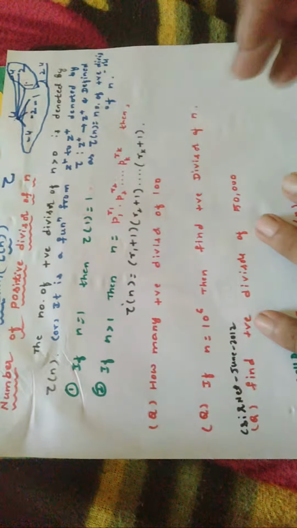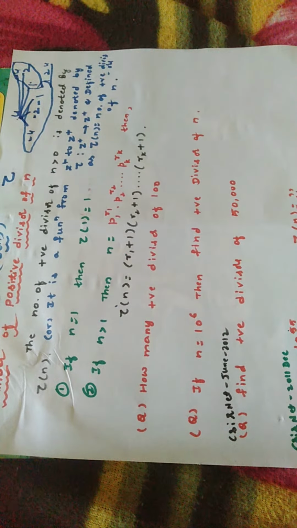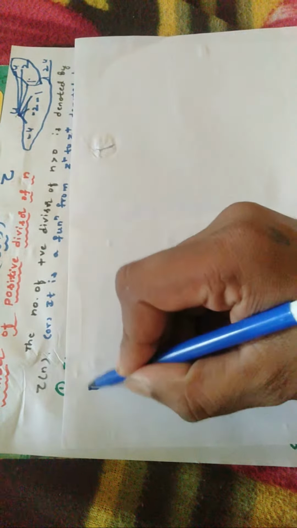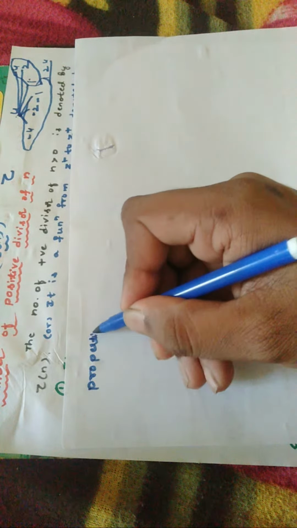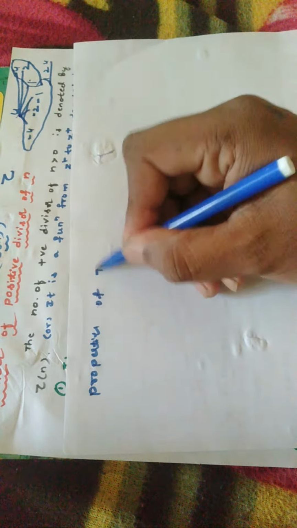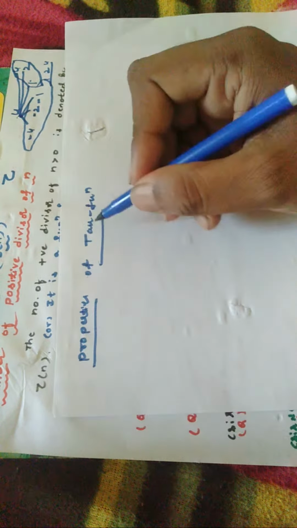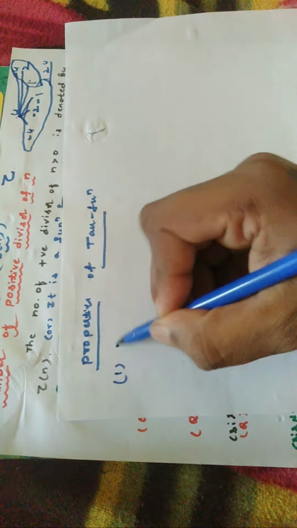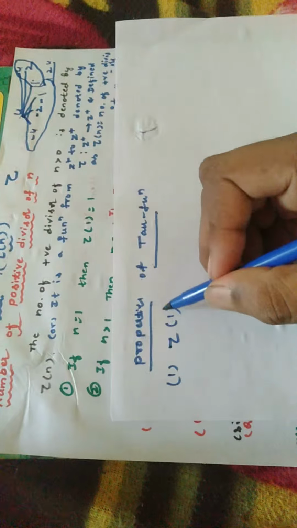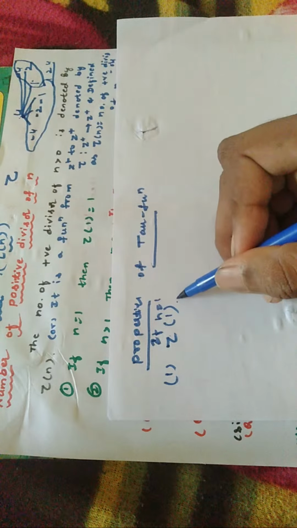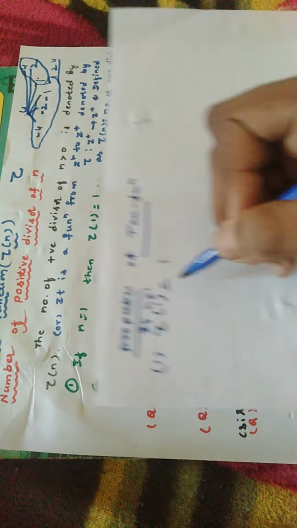Now we are discussing some properties of the tau function. The first property is: if n is equal to 1, then tau of 1 is equal to 1.